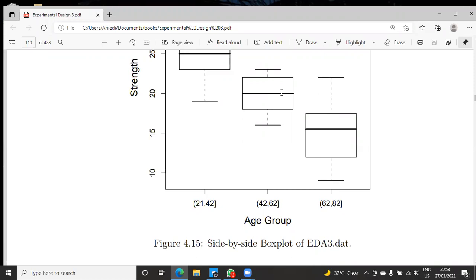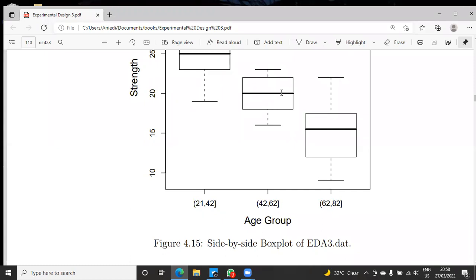So the idea of the box plot is to tell you the minimum for that population, the first quarter of that population, the median, the third quarter, and the maximum value of that population. So a box plot summarizes a population or a sample.